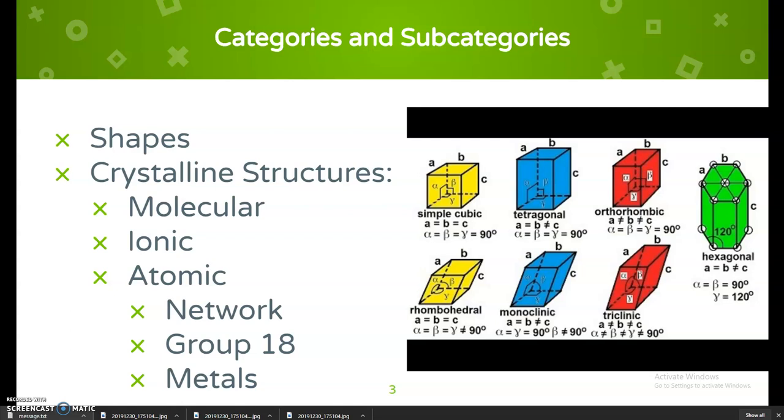Additionally, the metal atoms themselves are very, very large, which prevents valence electrons from being held tightly to the nucleus. And so this is why the electrons in metals are allowed to move around more freely than electrons on most other elements.